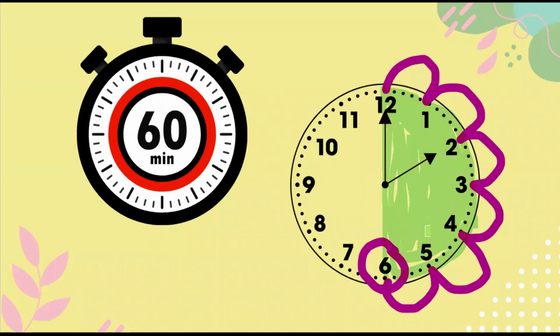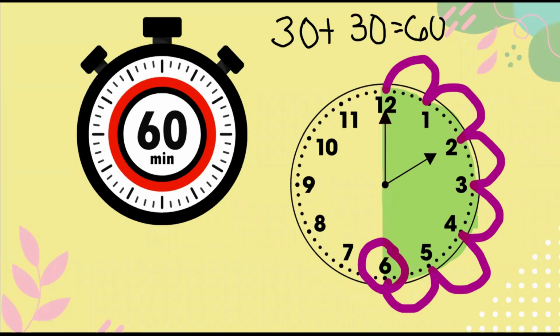So half of 60. So if we were to take 60 and divide it by 2, we would get 30. If we were to represent this in, let's say, an addition problem, we could write 30 plus 30 equals 60.